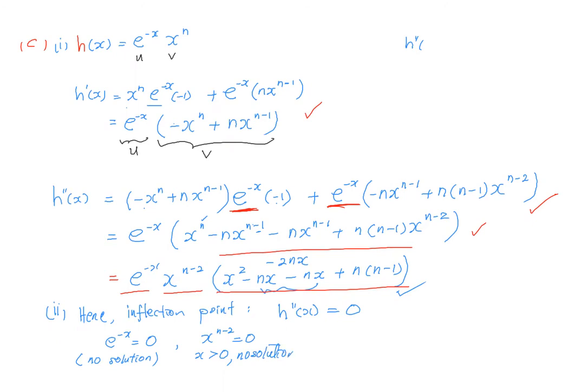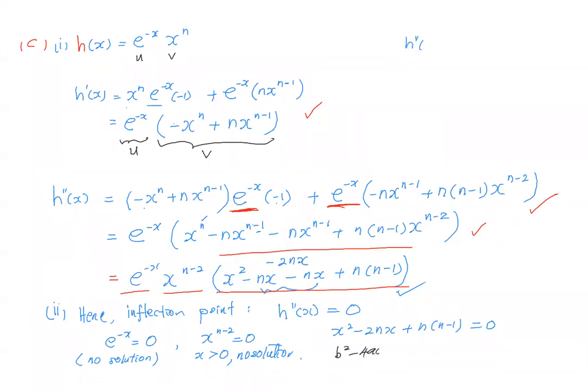Then the next one is x squared minus 2nx plus n minus 1 equal to 0. For a quadratic, how are we going to prove that there are 2 solutions? Can you tell me? We find the expression for the discriminant.